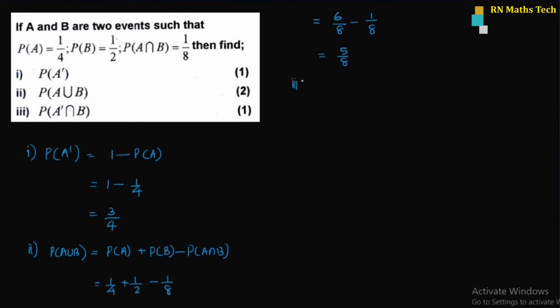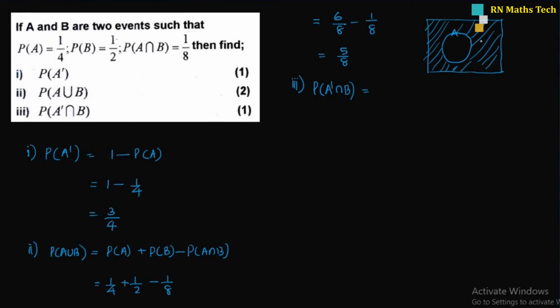Now the third part, P of A dash intersection B. What is A dash? A dash is the complement of A. This is A, then A dash is the complement of A. Now we have to find A dash intersection B. Now B is here, so this shaded portion is A dash.